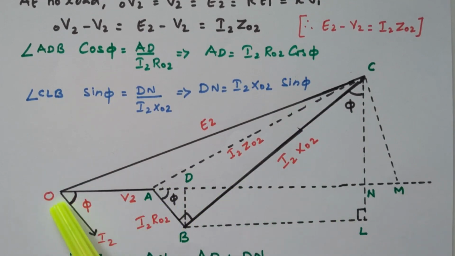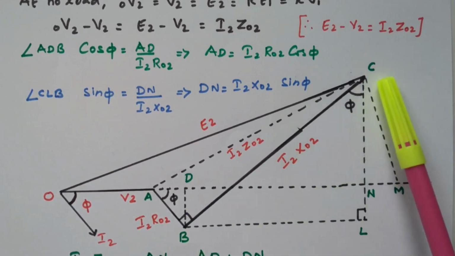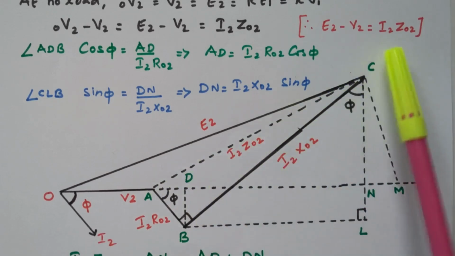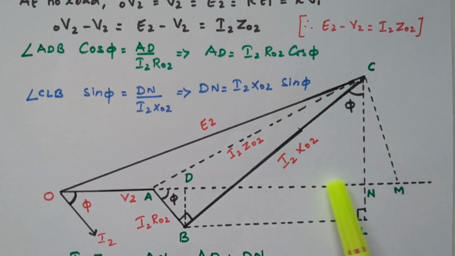So this is the point O, this is point A, this one D, this one N, M, this one L, and this one B, this is C. So this I2 Z02, that is our regulation, what we need, is represented by AN.